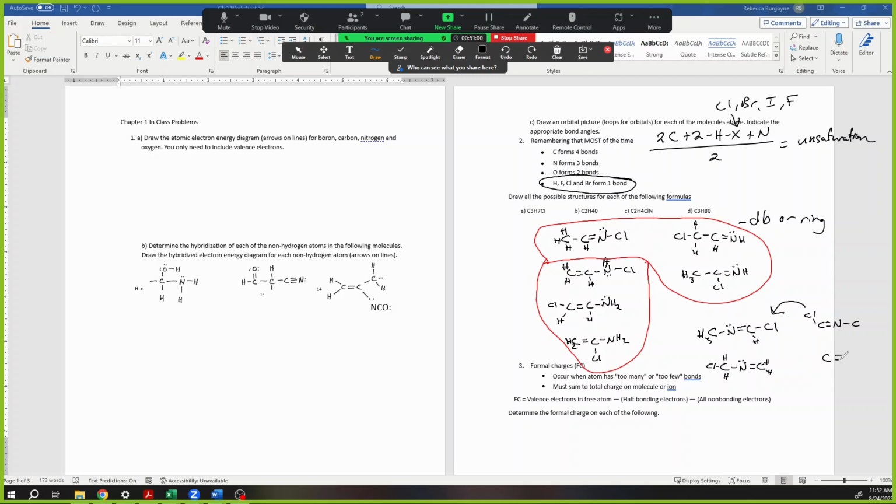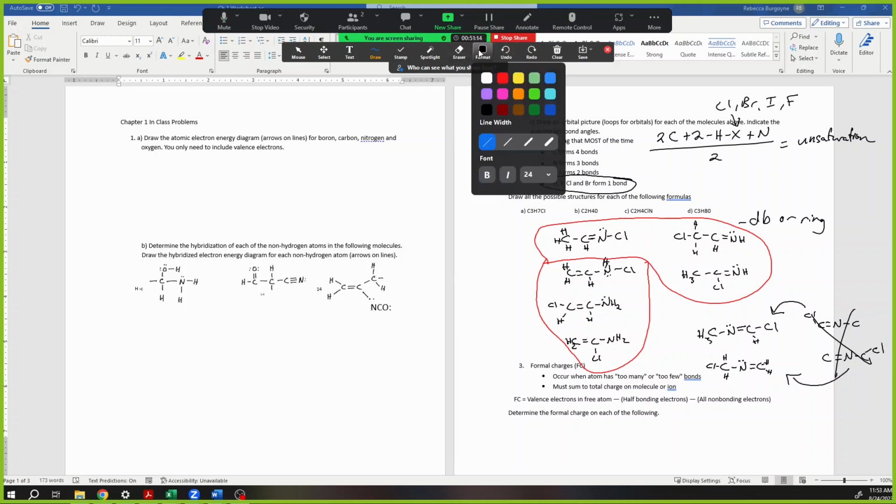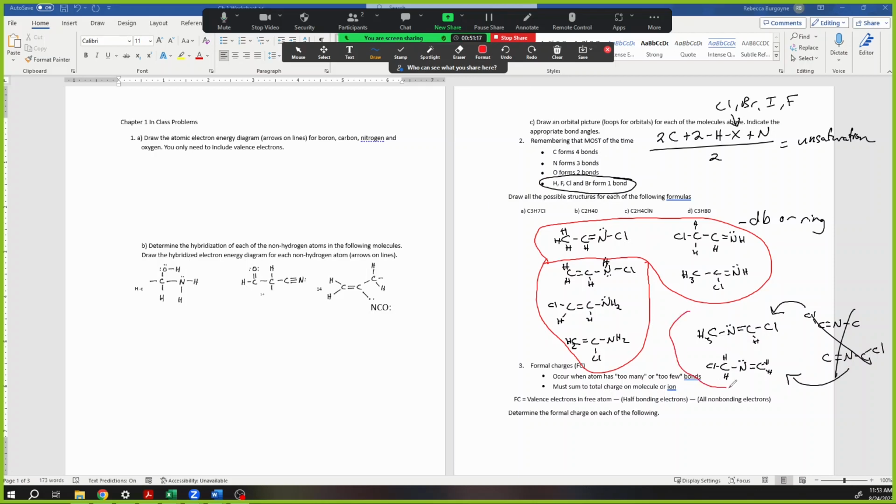If I put the chlorine on the other side, it would be exactly the same as this one. So these are duplicates, and so I won't include those. So these are similar enough that I'm going to box them together. You don't need to do this in general. I'm doing this for your benefit, boxing the similar ones together.